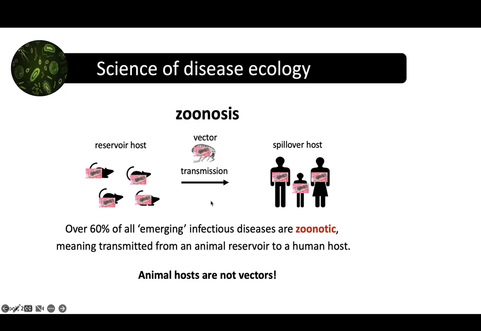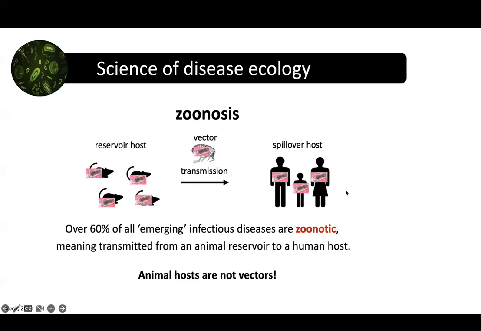A vector, like a flea, bites the reservoir host, and it is then potentially transmitted to whoever the flea bites. And the same thing happens with tick-borne diseases as well.